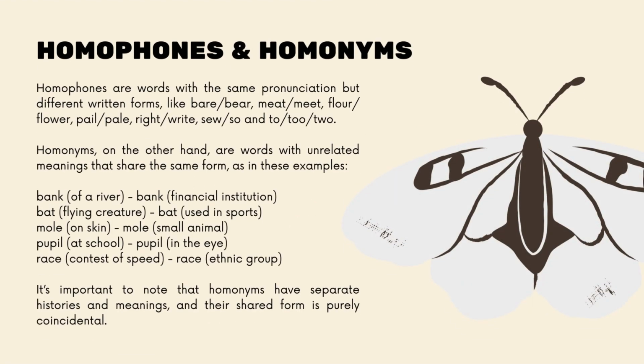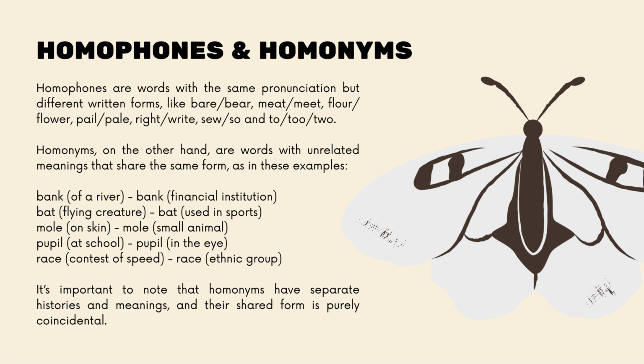Homophones and homonyms. Homophones are words with the same pronunciation but different written forms, like bare, bear, meat, meet, flower, flour, pale, pail, right, write, sew, so, and to, two.